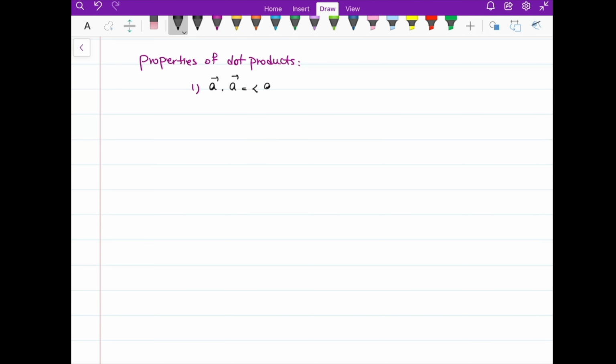The vector a with the components a1, a2, a3, dot product with itself, a1, a2, and a3. So I get a1 squared plus a2 squared plus a3 squared. If you remember the magnitude of a vector, this is the formula for the length of a squared. So a dot a would be the number that is equal to the length of a squared.